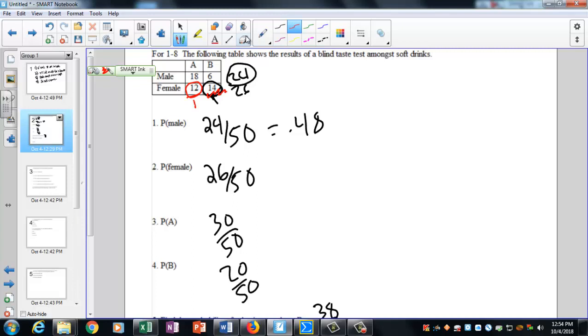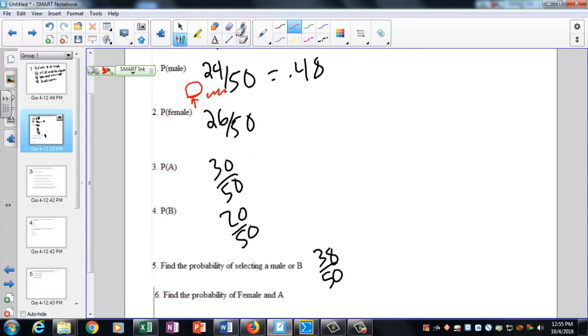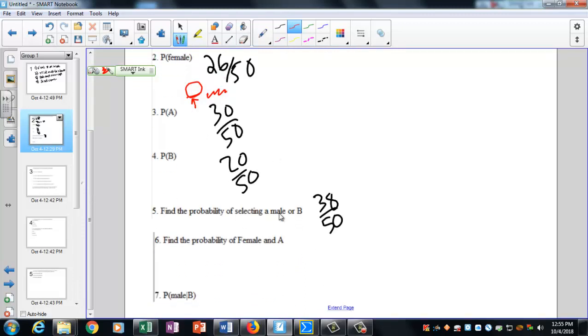It has to be one of these 12 people. Now, I did not say that the person I selected was a female or that they chose A. I'm asking for, out of the group, how many of them are females and that female picked A? And that would be 12 out of 50. And see, that's a different question. That's a wholly different question than this one.